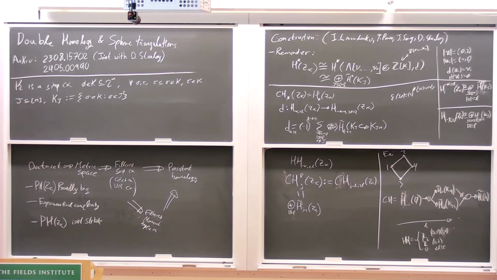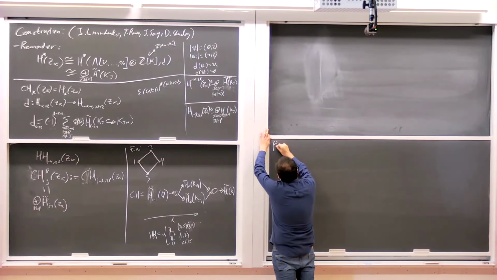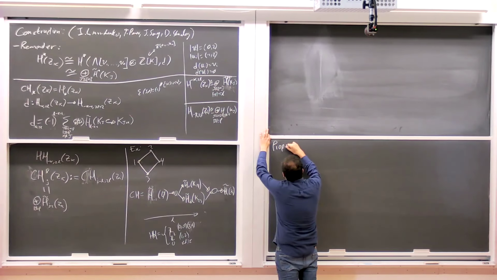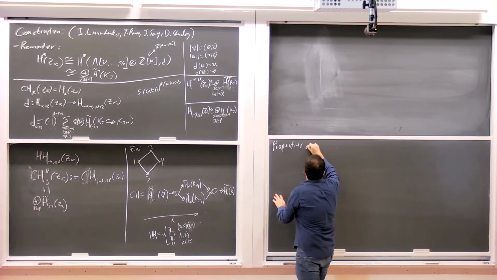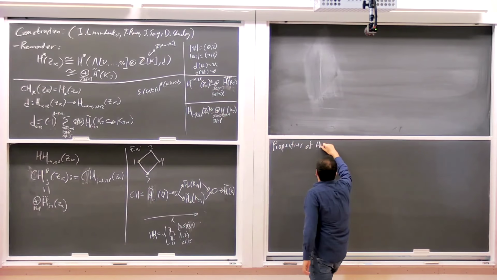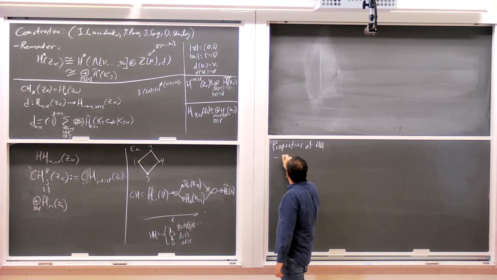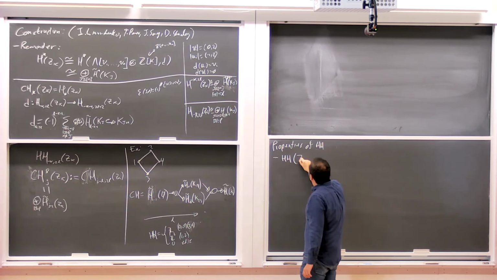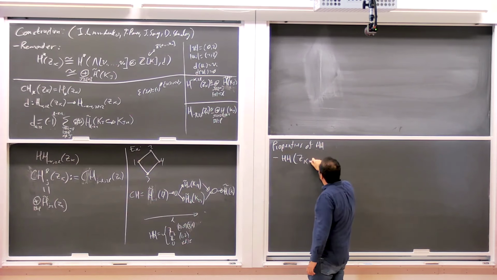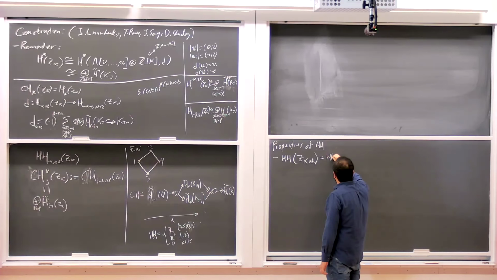And why is that important? That is important because one of the key properties of HH is something that is inherited from the moment angle complex. That is that the HH of the join of 2 simplicial complexes is just going to be the tensor product of the both HHs.